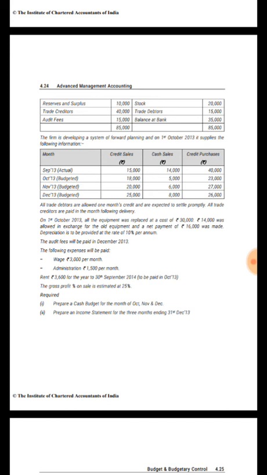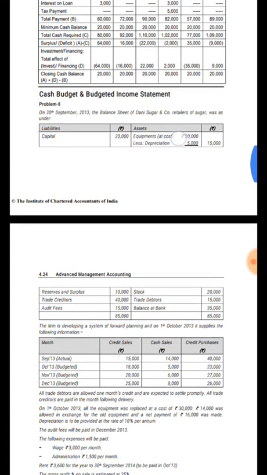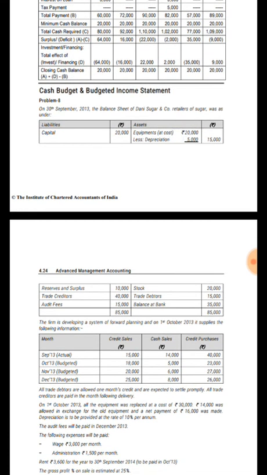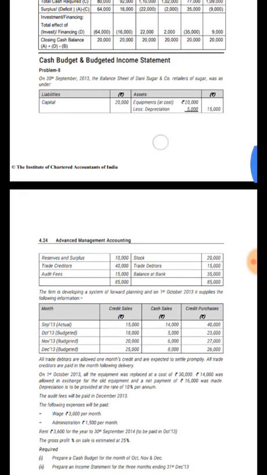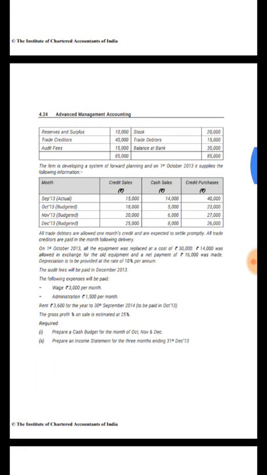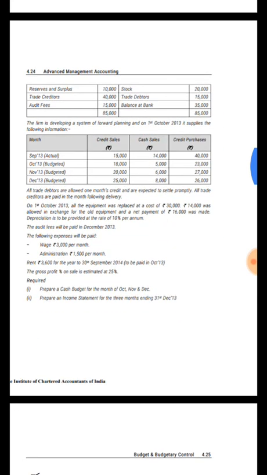Okay, and a net payment of 16,000 was made. So what it is saying, we purchased new equipment for 30,000 and this one was given in exchange, and for exchanging this old equipment we got 14,000 back. So ultimately cash that went out of hand is how much? 16,000 only. Net cash 16,000 went out.